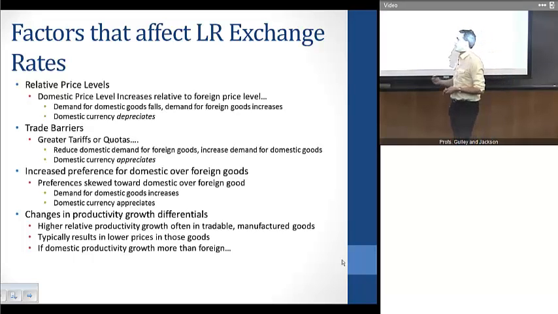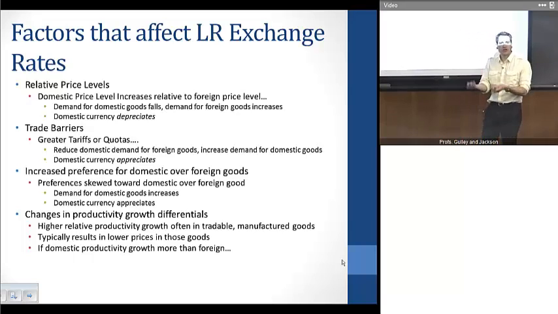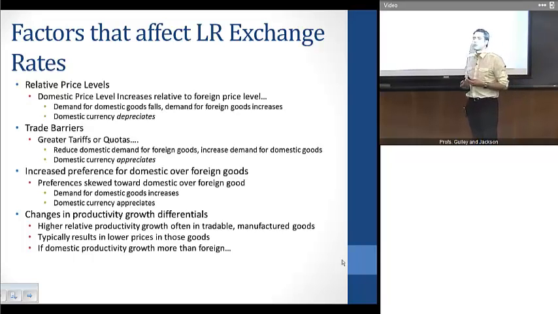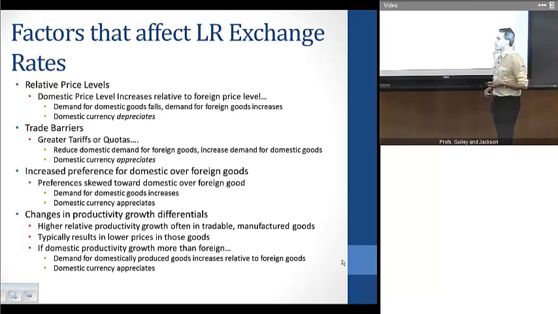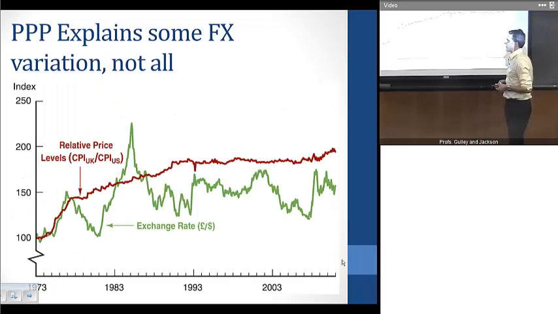And so that higher productivity typically translates into lower production costs and therefore lower overall costs to those goods. And to the extent that translates to lower prices in those goods, that's going to lead to an increase in the demand for domestic denominated goods, and therefore the domestic currency you would expect to appreciate. And we'll see the mechanics behind this in the next chapter.